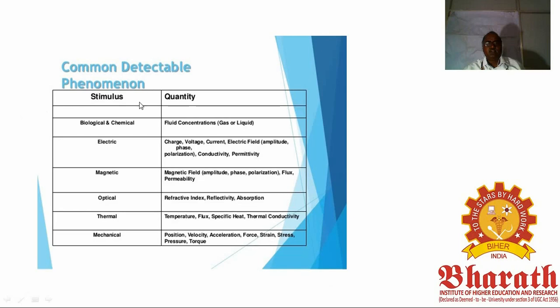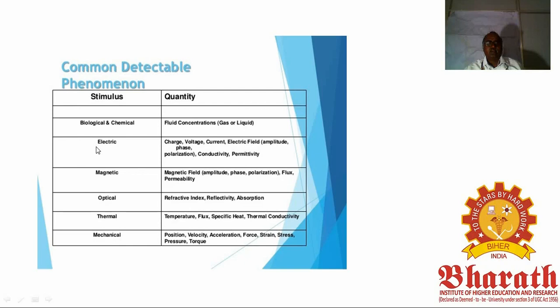Some of the common stimuli which we will employ for detection are given here. For example, the biological and chemical stimulus is obtained and it can quantify the fluid concentration or sometimes even the concentration of certain chemicals in gas.